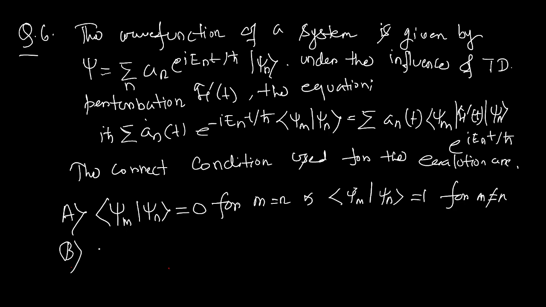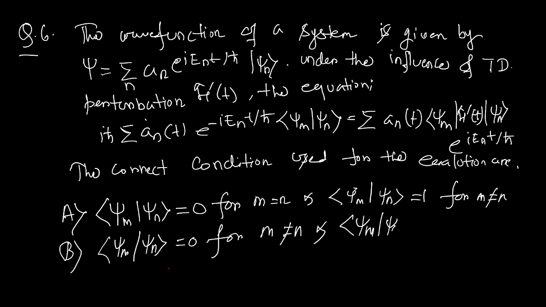B, psi_m psi_n is 0 for m not equal to n, and psi_m psi_n is 1 for all m equal to n.